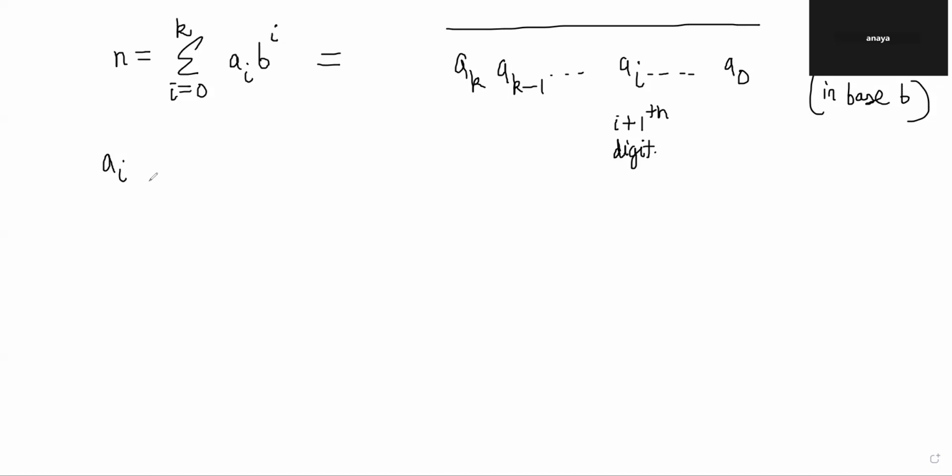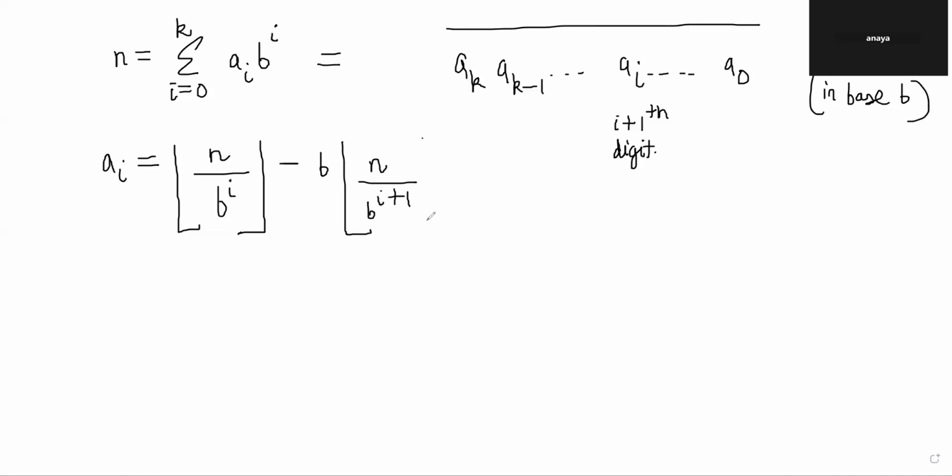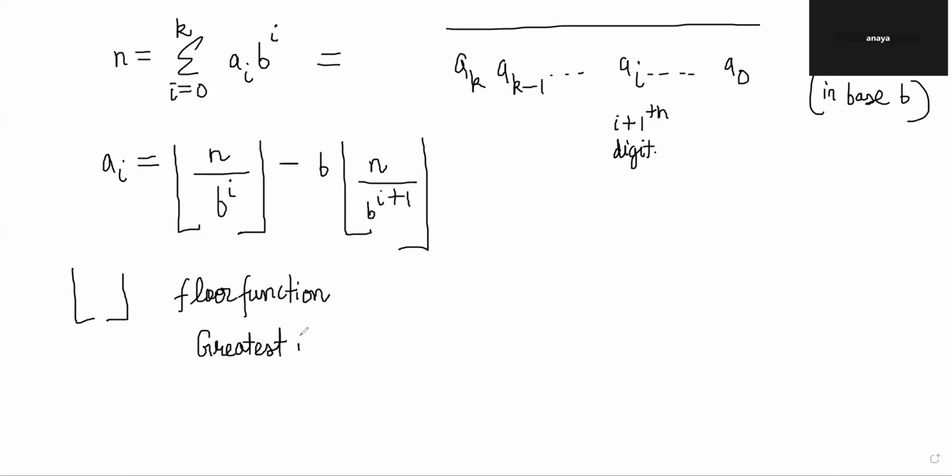So if I wanted to find a particular digit in this, you should realize that it will be equal to floor of n by b^i minus b times floor of n by b^(i+1). And the floor function basically means GIF, greatest integer less than or equal to something. Greatest integer function. Have you seen this floor function before?